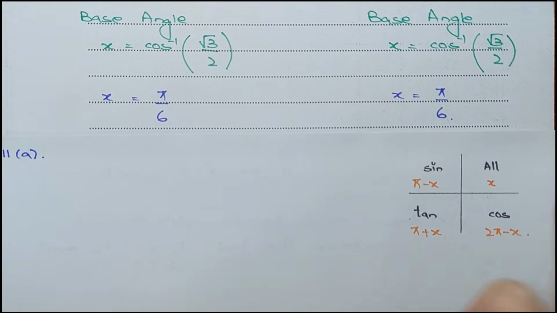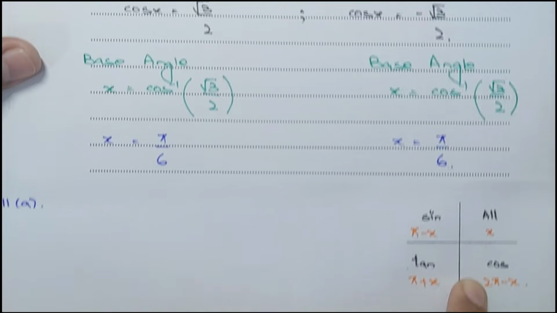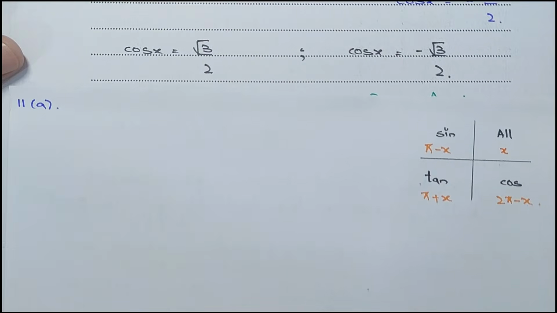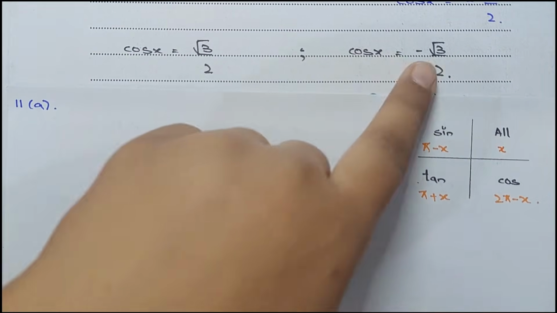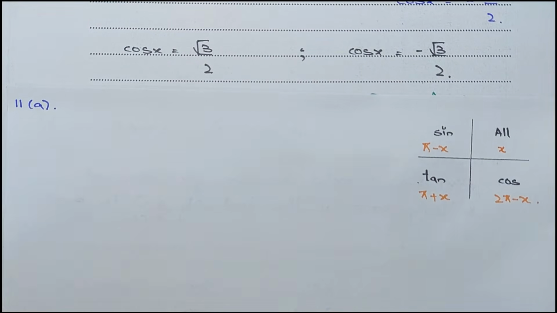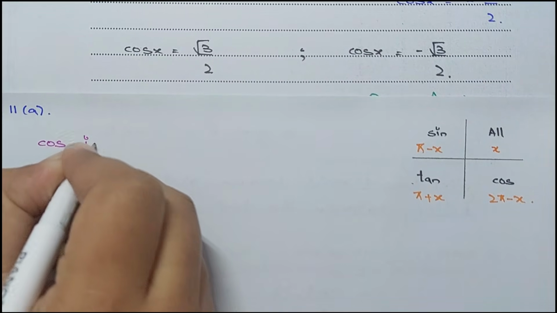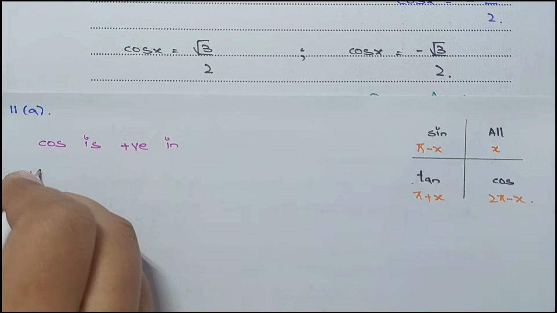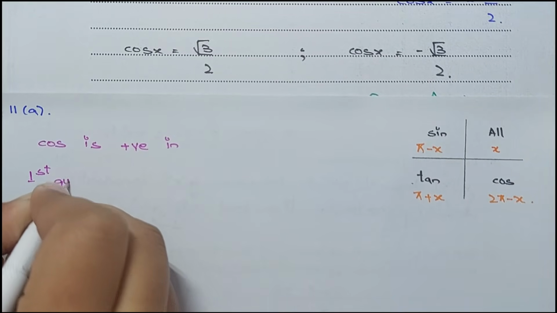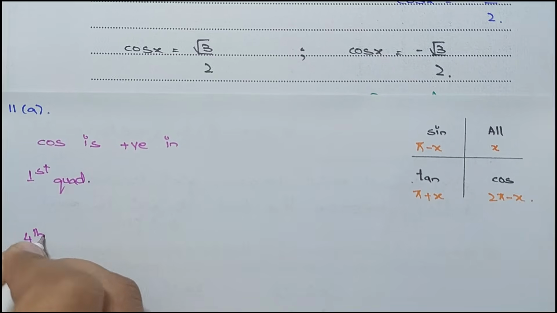Now, you can see cos is positive in first and fourth quadrant. Here, the cos equation says it's positive, right? You guys can see cos is positive in the first quadrant and fourth quadrant, and cos is negative in the second and third quadrant. Okay, now we can write this down that cos is positive in the first quadrant and in the fourth quadrant.